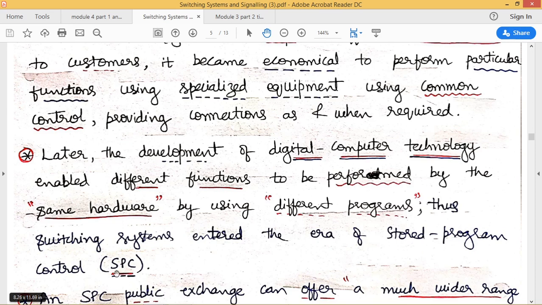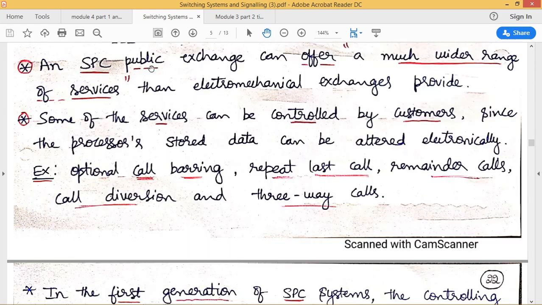Generally, an SPC exchange is controlled by electronic or semiconductor devices. An SPC public exchange can offer a much wider range of services than electromechanical exchanges provide.